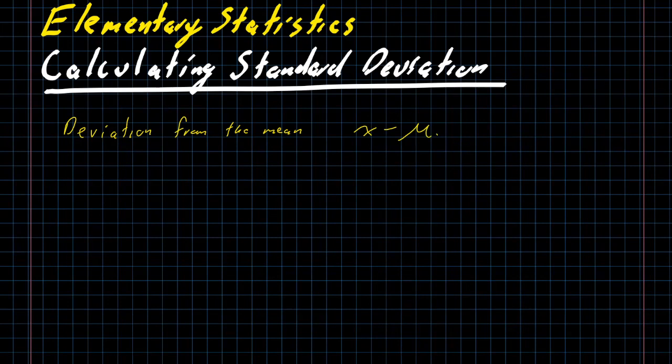The standard deviation builds off of a statistic called the deviation from the mean. Deviation from the mean is calculated by taking an individual data point and subtracting the mean from it.